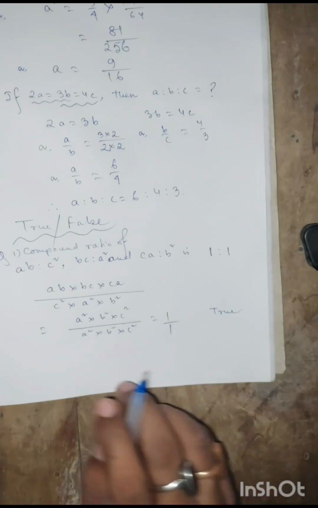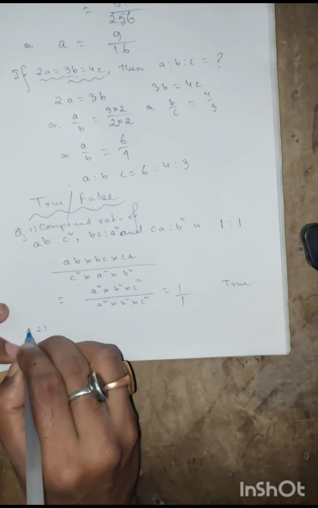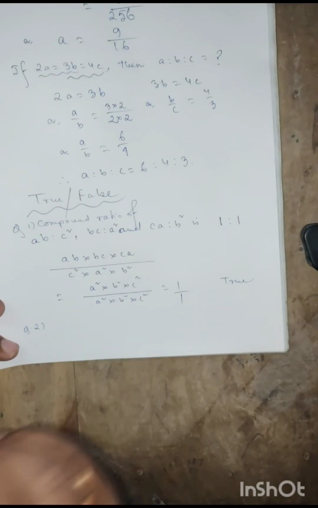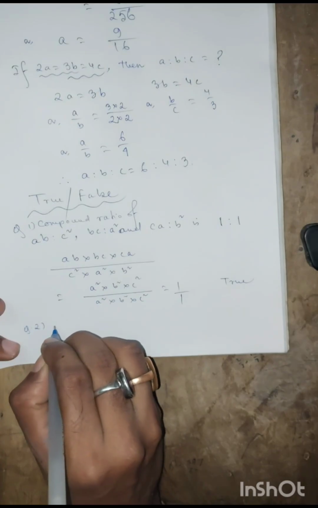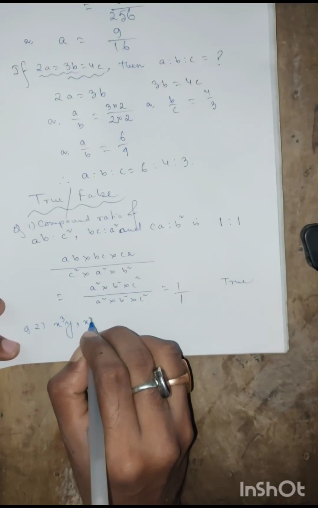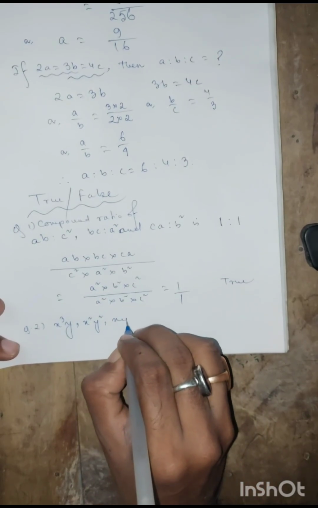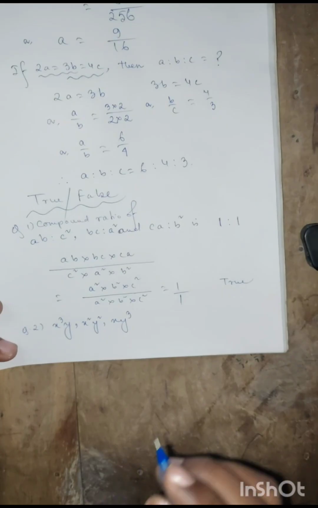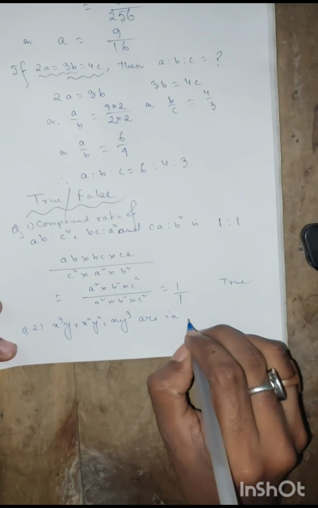Now the second question says x cube y, comma x square y square, comma xy cube are in continued proportion.